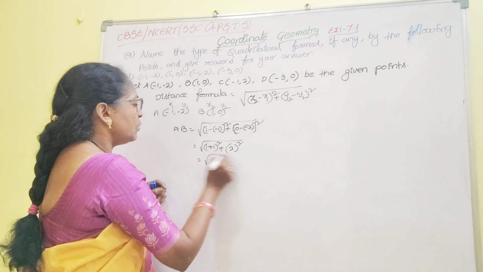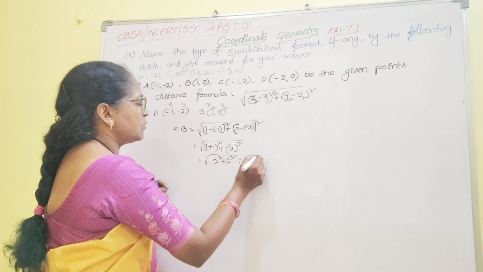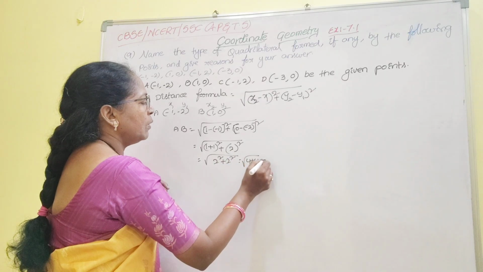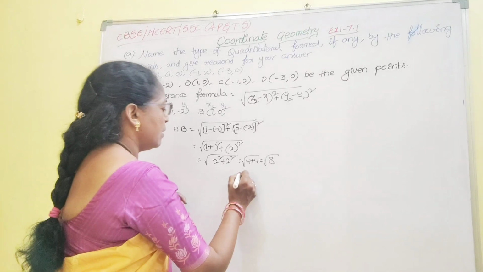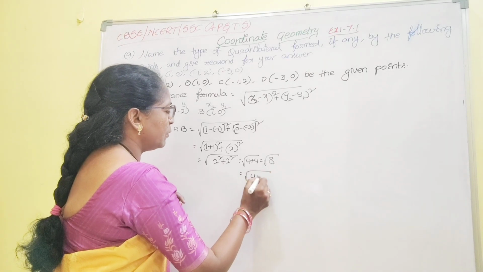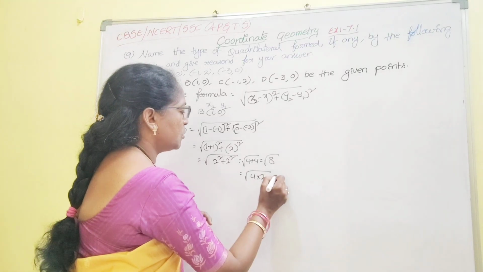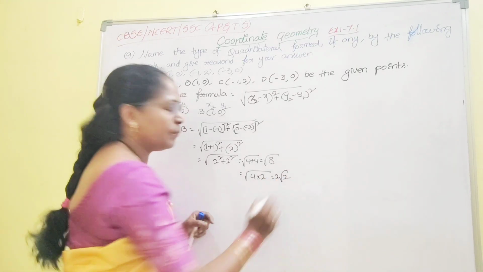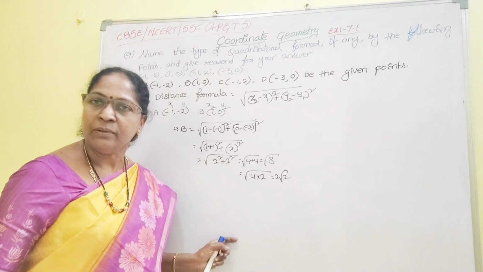That equals 2 square plus 2 square, equals square root of 4 plus 4, that equals 8. 8 can be written as 4 into 2, square root of 4 equals 2. So 2 root 2 you can write. Now distance of AB equals 2 root 2.